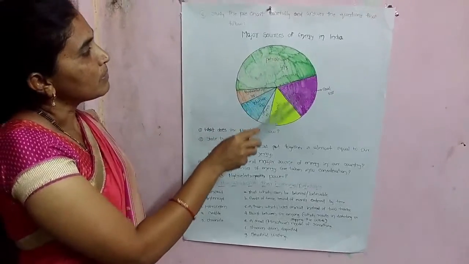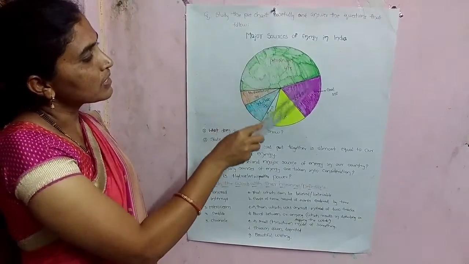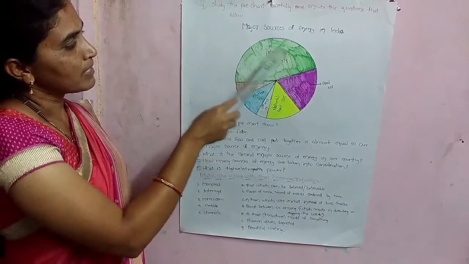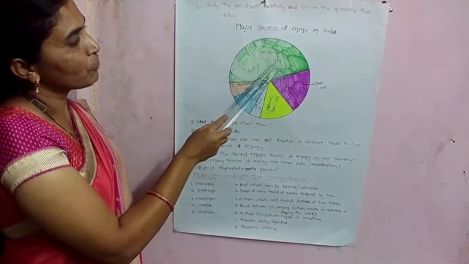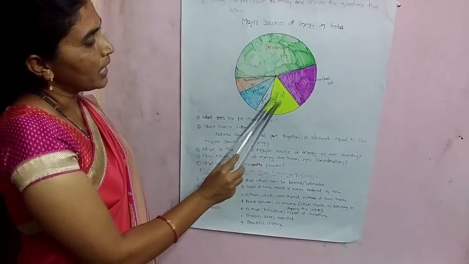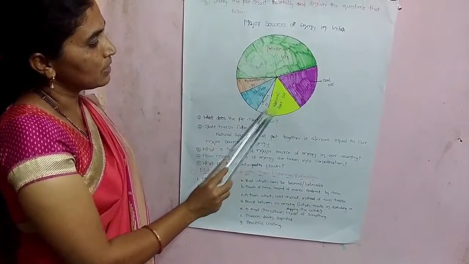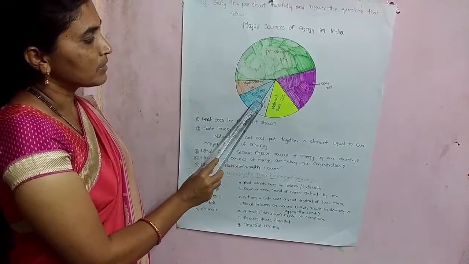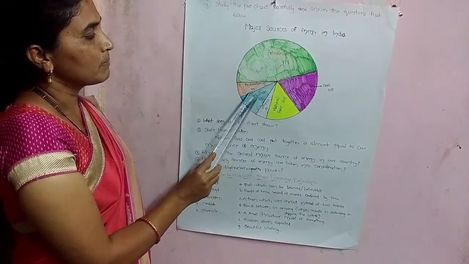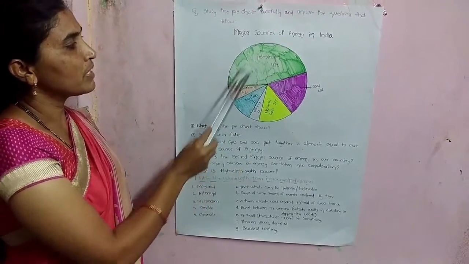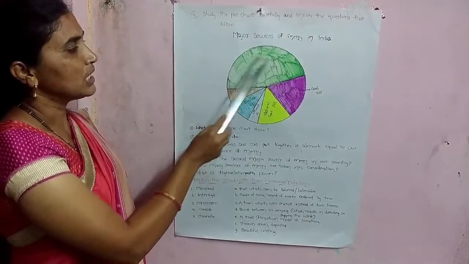See, the major sources of energies are divided in this pie chart. Petroleum 41%, coal 25%, natural gas 20%, others 1%, nuclear energy 9%, hydroelectric power 4%. So these are all the sources of energies that are used in India.